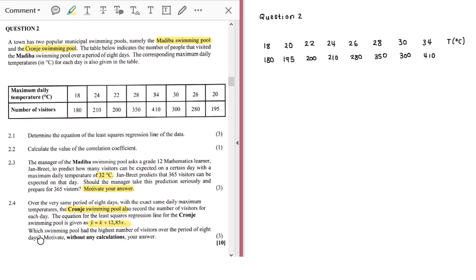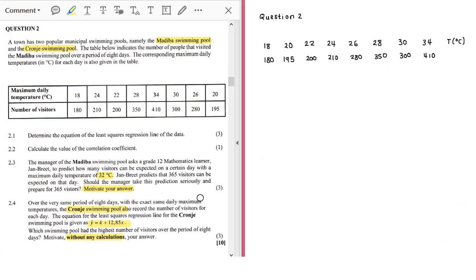The question is, which swimming pool had the highest number of visitors over the period of 8 days? Motivate, and look over here, for the first time they're saying without any calculations. Okay, all right, so let's look at this.